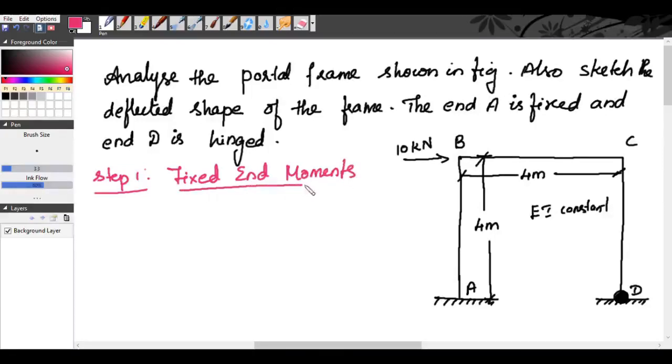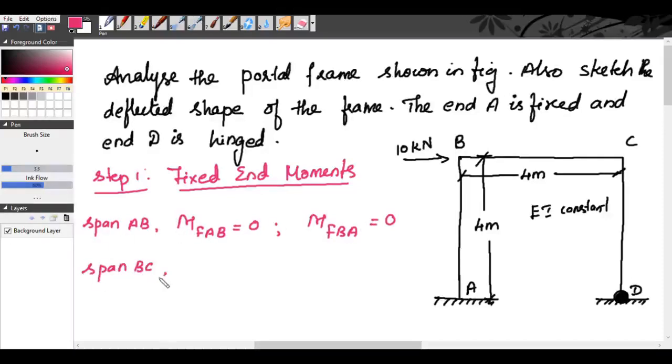First of all, we will consider the span AB. For span AB, MFAB is equal to 0, since there is no external loading. Similarly, MFBA is also equal to 0. Now for the span BC, there is no external loading on this span. We have only the joint load.